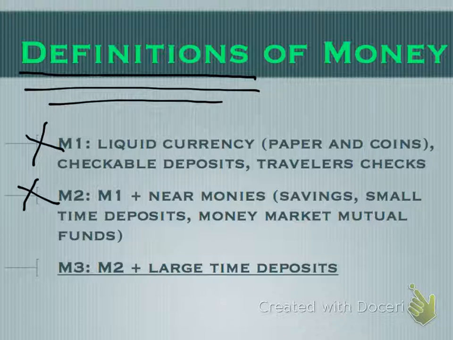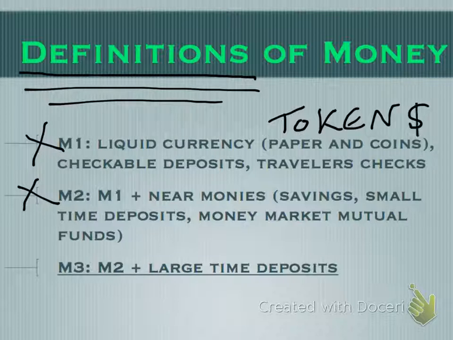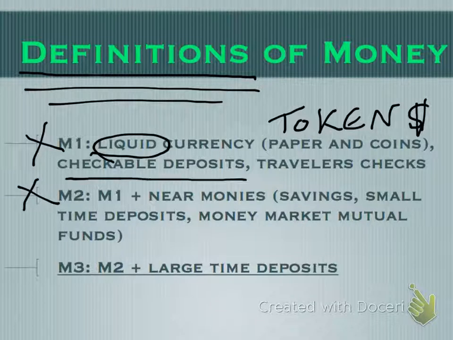In fact, M1 probably too. But M1 is the stuff that you have in your pocket. It gets called token money. Paper coins. It's really liquid, meaning it flows throughout the economy, and it's exemplified by your checkable deposits and traveler's checks.